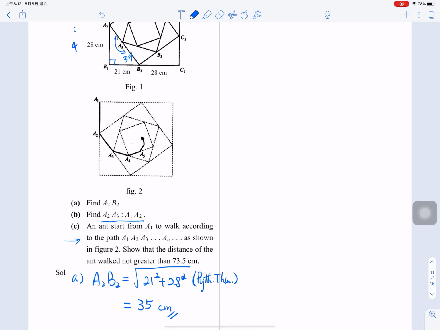This one has the concept of infinity because you see the path like this. It's the concept of sum of infinity, right? Sum of infinity only appears in a geometric sequence, right?